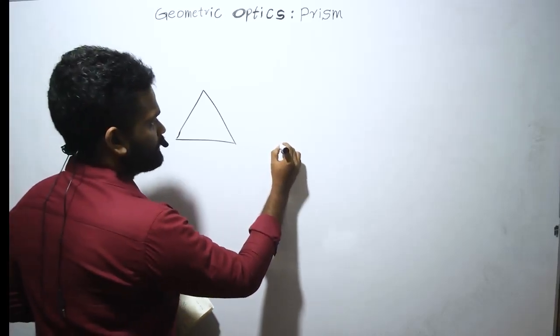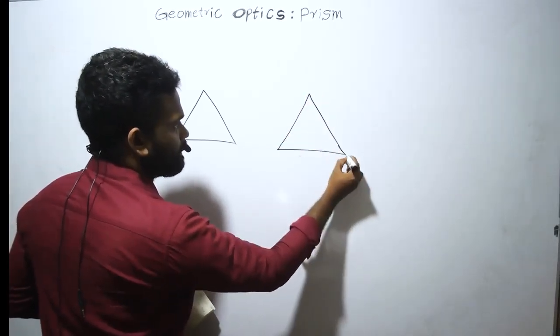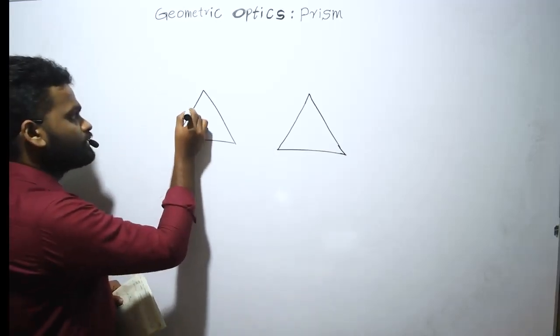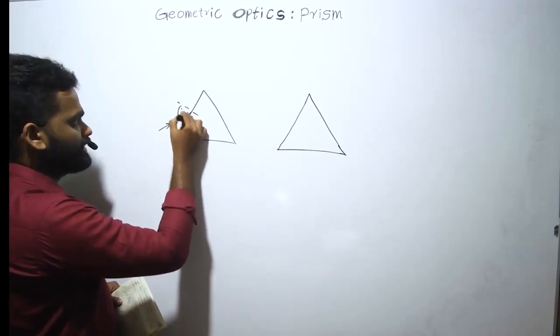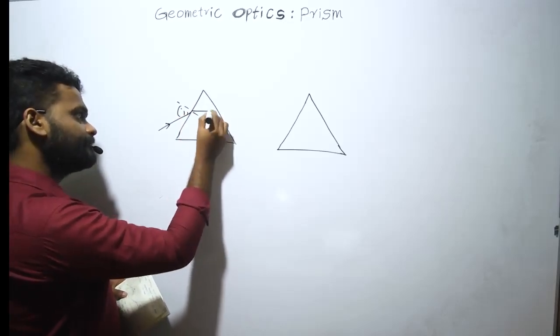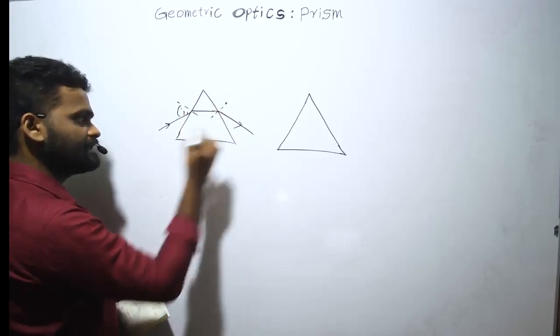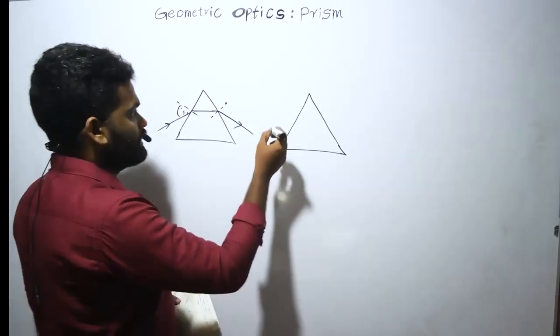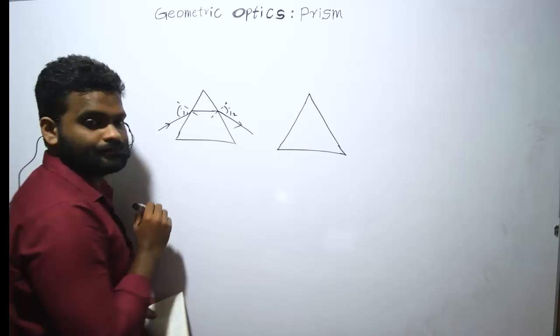Let's draw two diagrams. For the first one, let's say this is I1, like this, and it bends like this. Then this is I2.